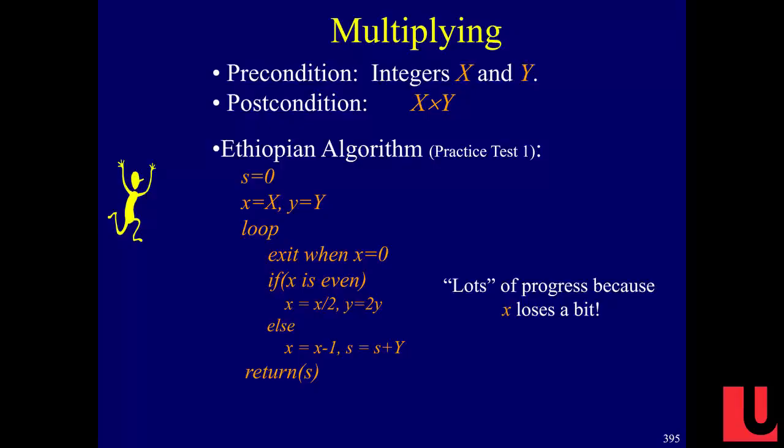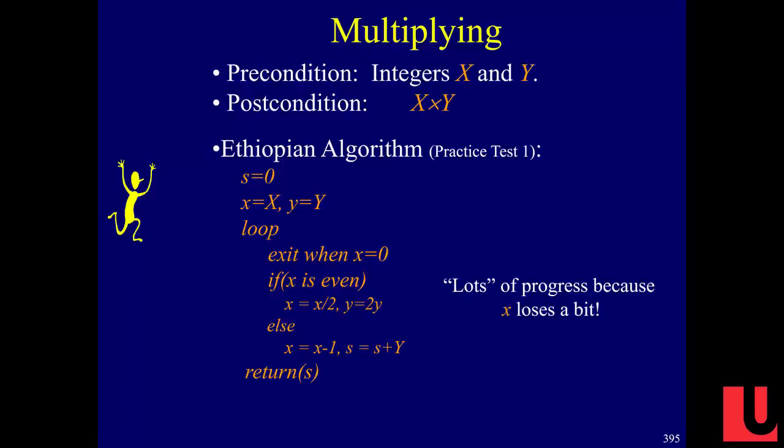Remember we had that magic trick with the cards? That same magic book had an Ethiopian algorithm for multiplying. I don't know why it was in a magic book, but there it was. And I said, hey, that's a cool algorithm. And this is what the Ethiopian algorithm was.